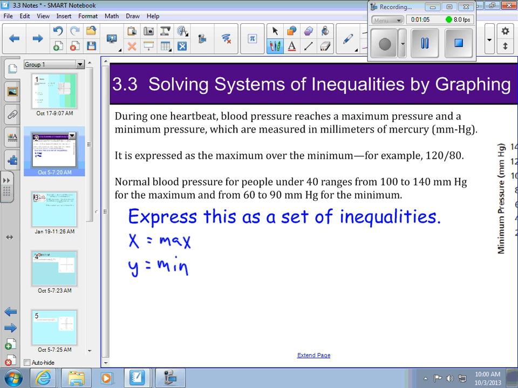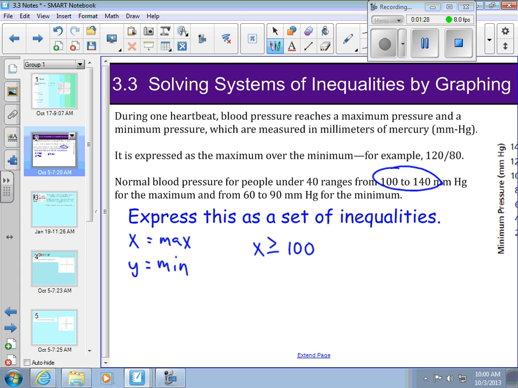So the first thing it says about our maximum is that it should be from 100 to 140. What that means is x compared to 100 should be greater than, or it could be equal to, because 100 would be included, greater than or equal to 100.